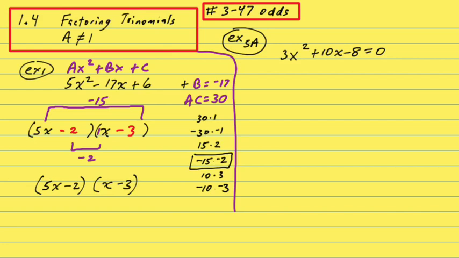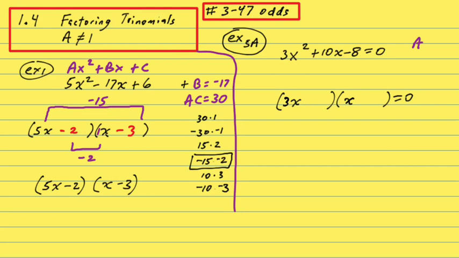Again, there is one extra step when a is not a 1. So now we're going to do example 5a, which is an actual equation. To get 3x squared, it has to be 3x times x. What's a times c on this one?